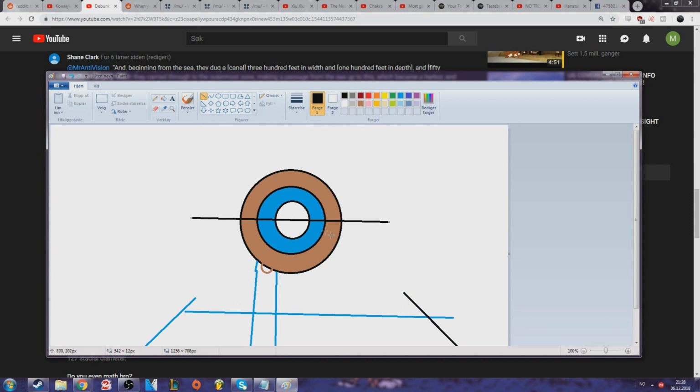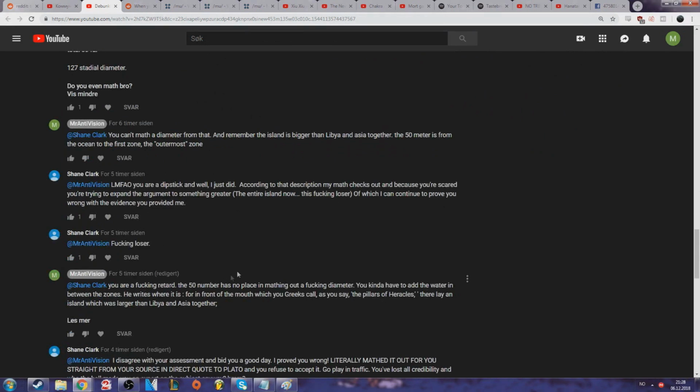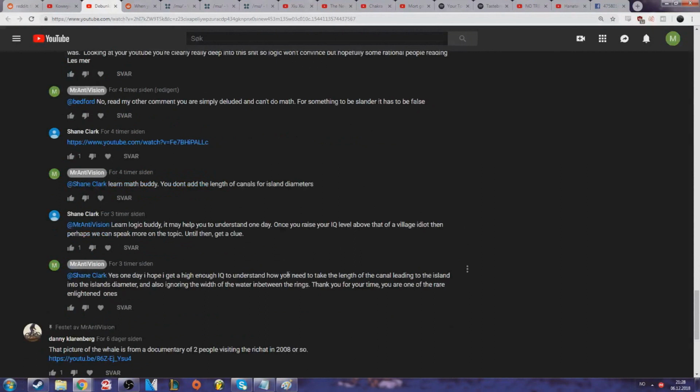But then again, there's water between every single one of the rings, right? So that will make it kind of difficult to actually get an exact amount for this. So that doesn't work.